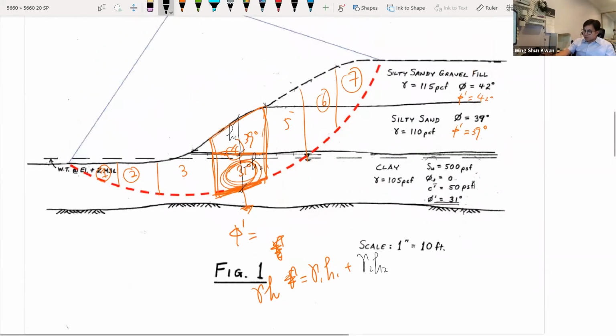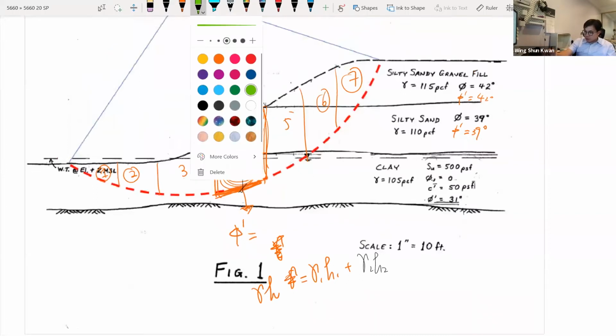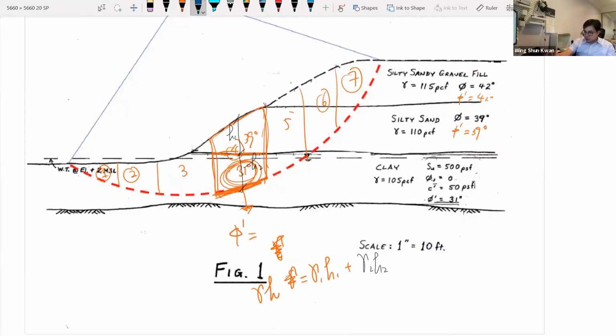And one more time, if you want to calculate the pore water pressure, this is the groundwater table here, right? So for example, for slice number 2, you will calculate the pore water pressure at this point. I don't want to use H, so maybe call it the Z of water.